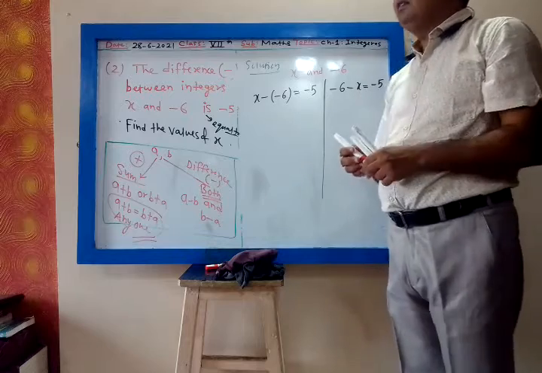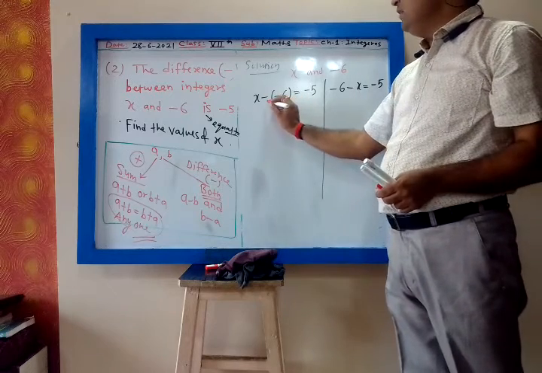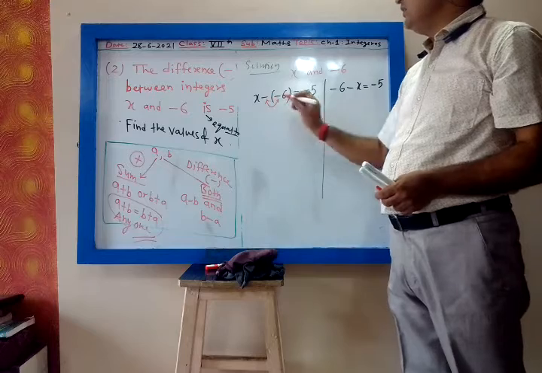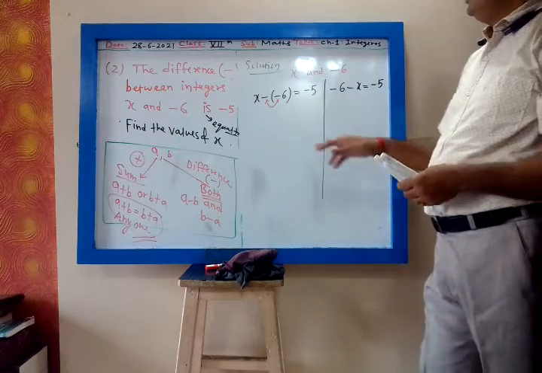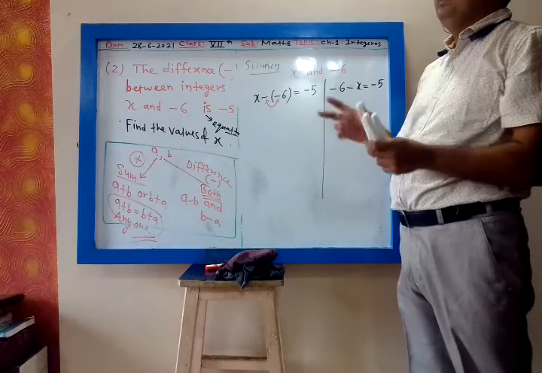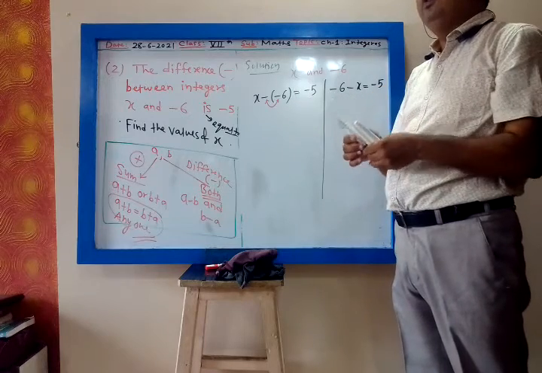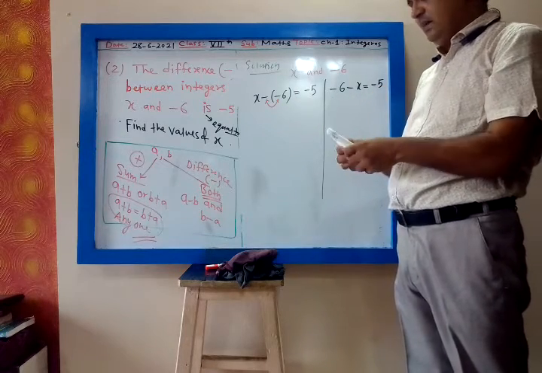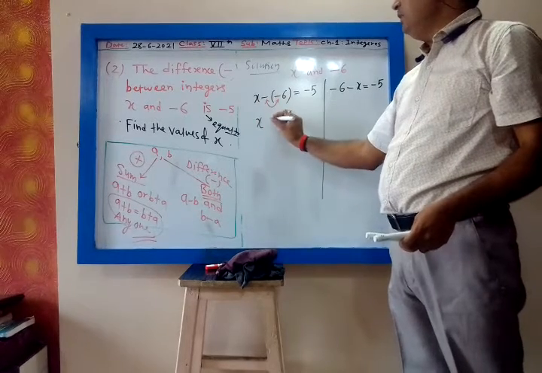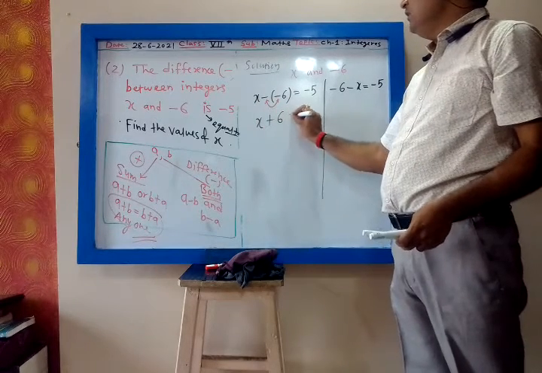Whenever two signs are together, you have to multiply. So minus into minus is plus, so that will be x plus 6 is equal to minus 5.